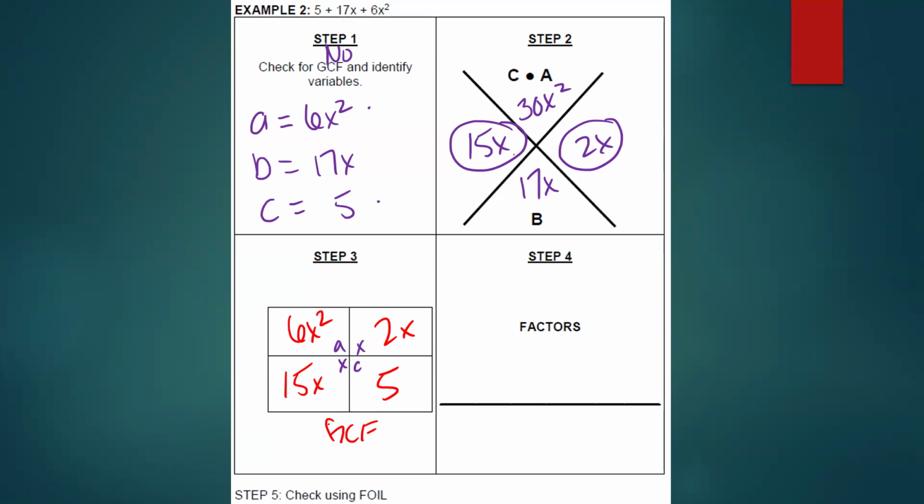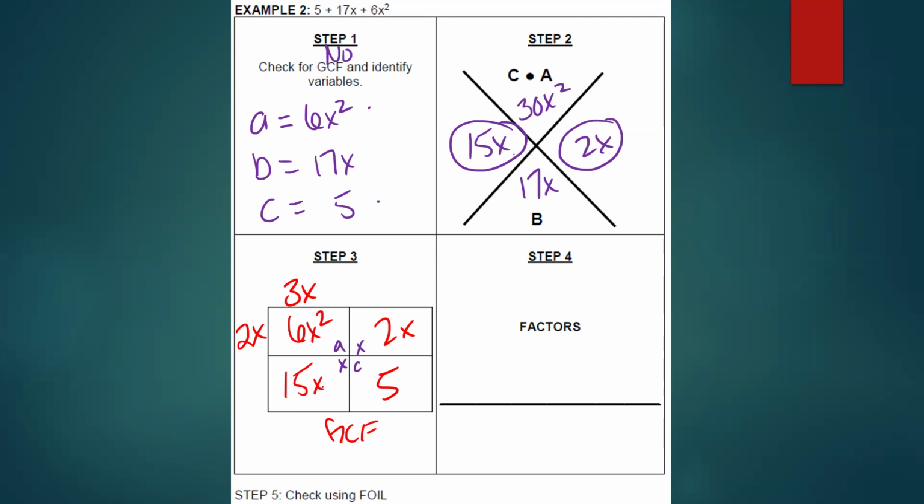Now you're going to do your greatest common factor of every row and every column. In my first row, what's my GCF? Anybody? 2. Now, is yours going to be different than mine if you put 15 up top? Yes. My 15 is here, so my 3x would go here.